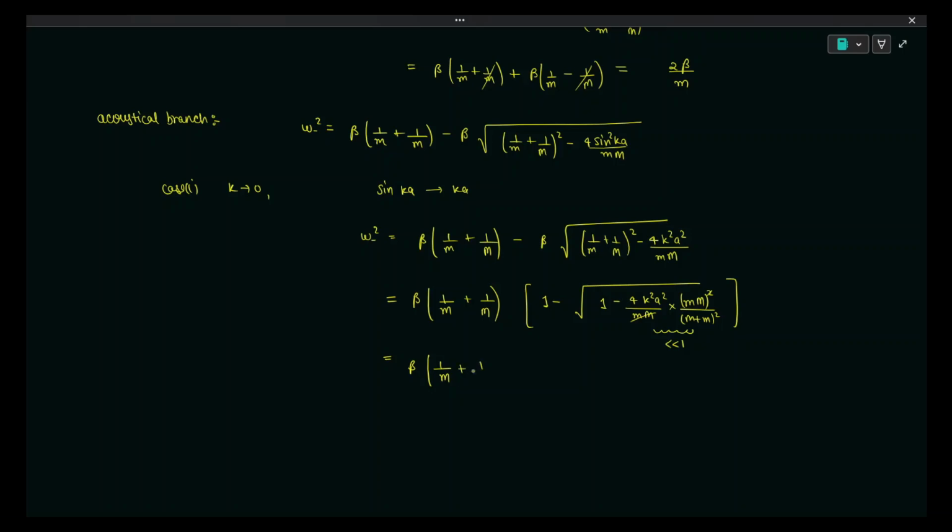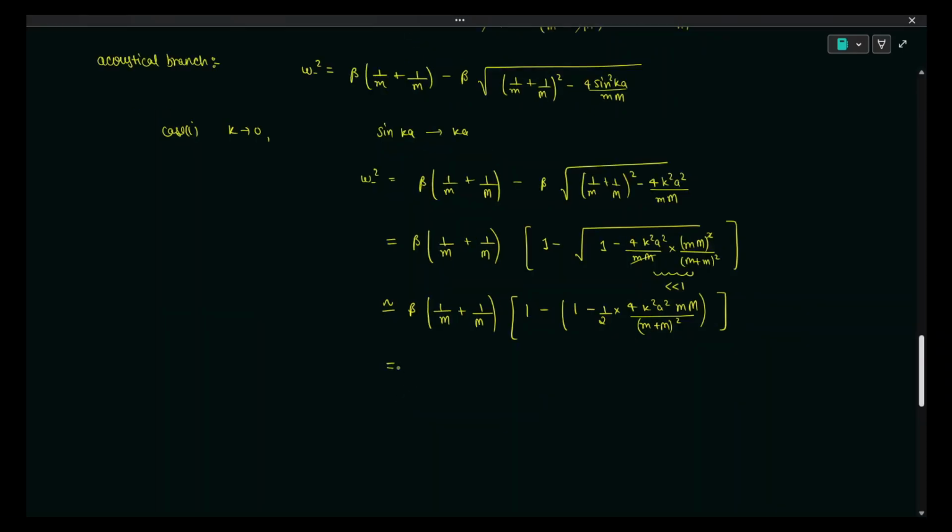So what we will get is 1 divided by small m and 1 divided by capital M, 1 minus half into 4 k square a square and then small m and capital M divided by small m plus capital M whole square as the approximate value.